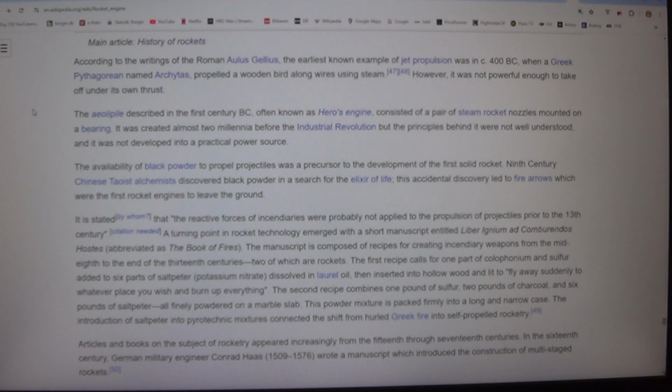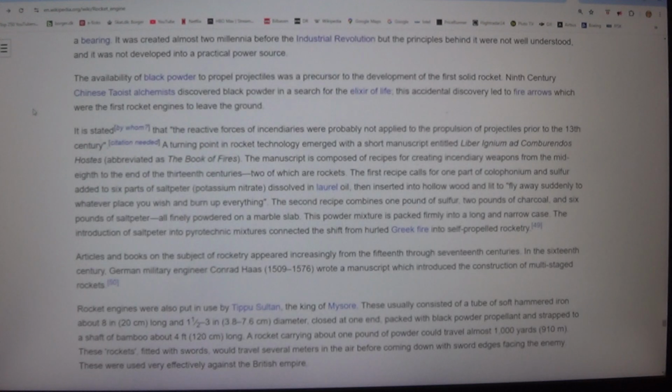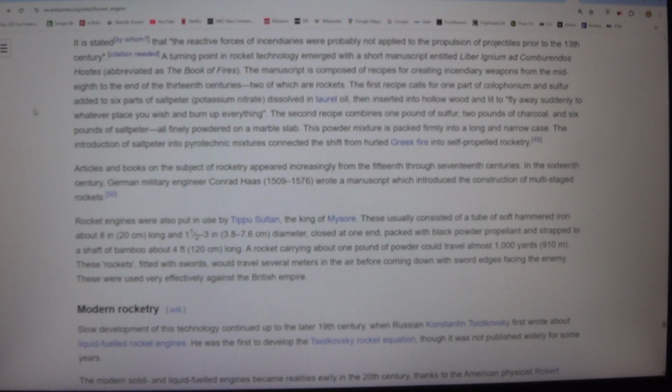The availability of black powder to propel projectiles was a precursor to the development of the first solid rocket. 9th century Chinese Taoist alchemists discovered black powder in a search for the elixir of life. This accidental discovery led to fire arrows, which were the first rocket engines to leave the ground. It is stated that the reactive forces of incendiaries were probably not applied to the propulsion of projectiles prior to the 13th century.